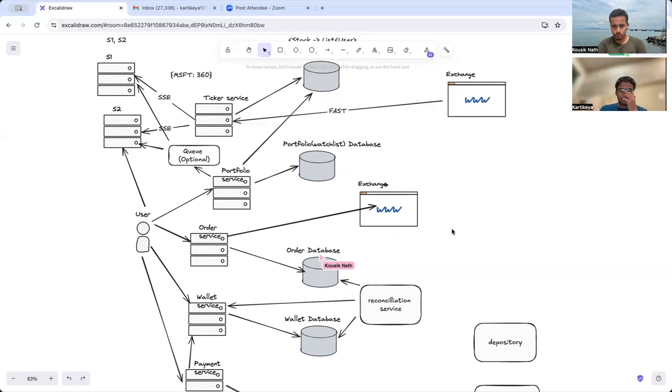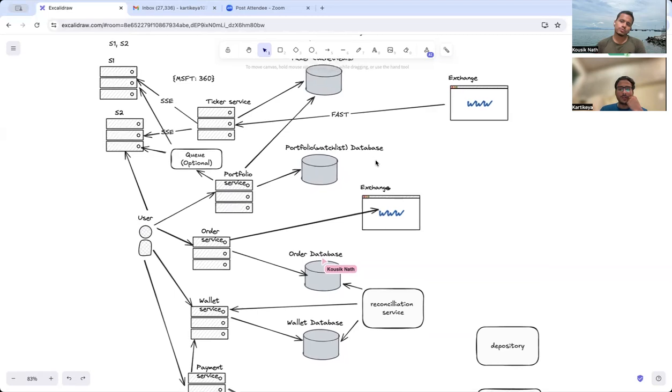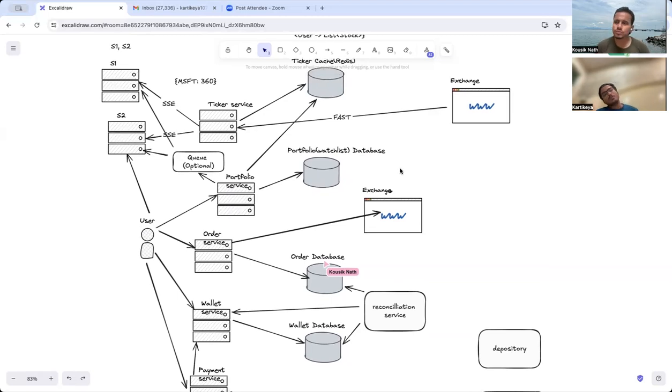Let's first talk about the portfolio database. We have assumed that one particular user can have up to 50 tickers in their portfolio. Which means for all the users, we have 20 million users, it can come to around 1 billion.